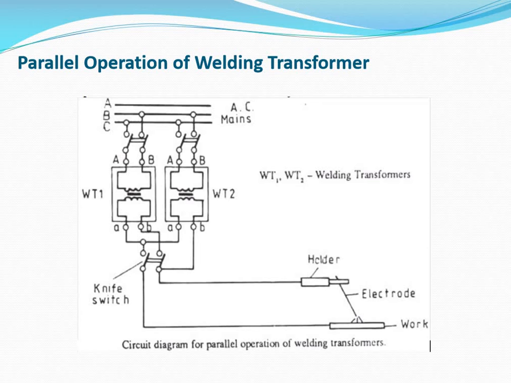When two transformers are connected for parallel operation as shown here in the figure, that is welding transformer 1 and welding transformer 2 connected in parallel, the like terminals of the primary windings are to be connected to the identical line wires ABC of the supply mains, so that the coincidence of the EMF phases in the secondary winding is ensured.